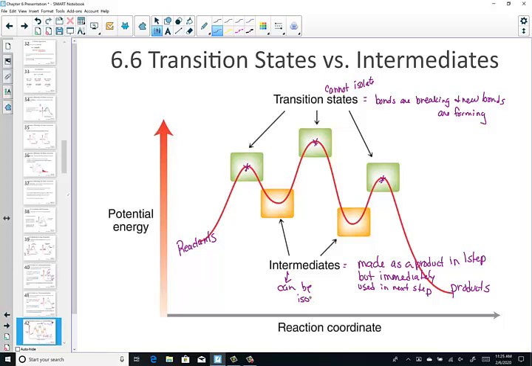You can take them out and measure their concentrations in your reaction vessel. So intermediates lie at the bottom of these energy steps, whereas the transition states are up high on these energy steps. We have 1, 2, 3 transition states, and we have 2 intermediates in this particular energy diagram.